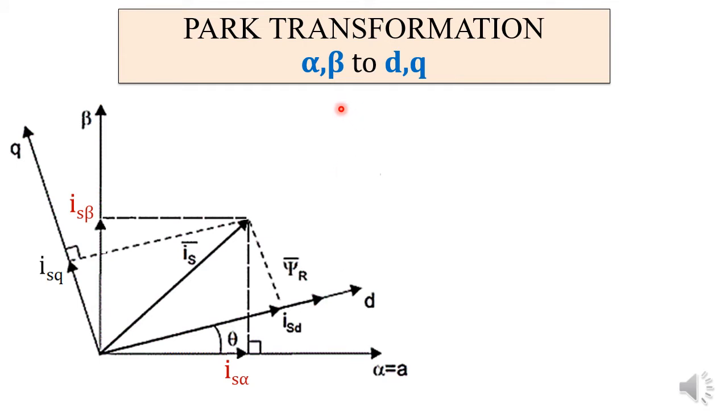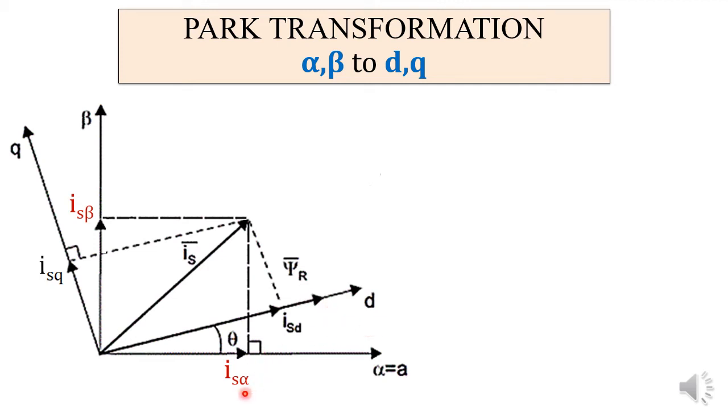Now let's see what is the DQ axis. Here this is the D axis and this is Q axis, and D and Q are mutually perpendicular, and one more thing to be noted is that the angle between D and alpha is equal to theta. Another thing is the D axis lies along the rotor flux vector. Rotor flux vector and D are aligned. This is how the transformation is done.